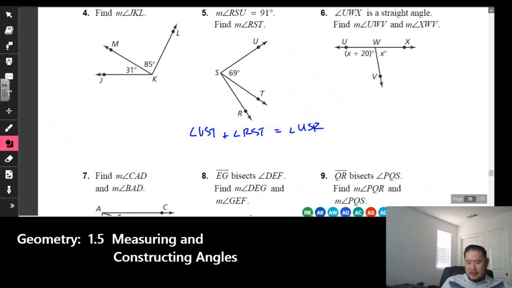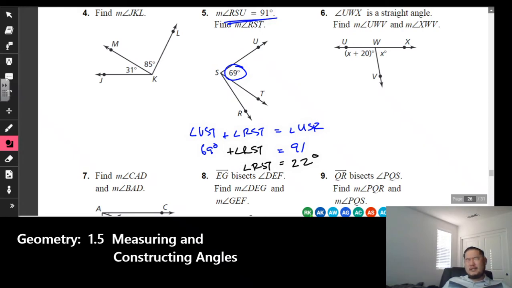UST happens to be 69 degrees. They tell us at the top that angle RSU, or USR, is equal to 91. So angle RST is the unknown, and we subtract 69 from both sides, and we're left with 22 degrees.